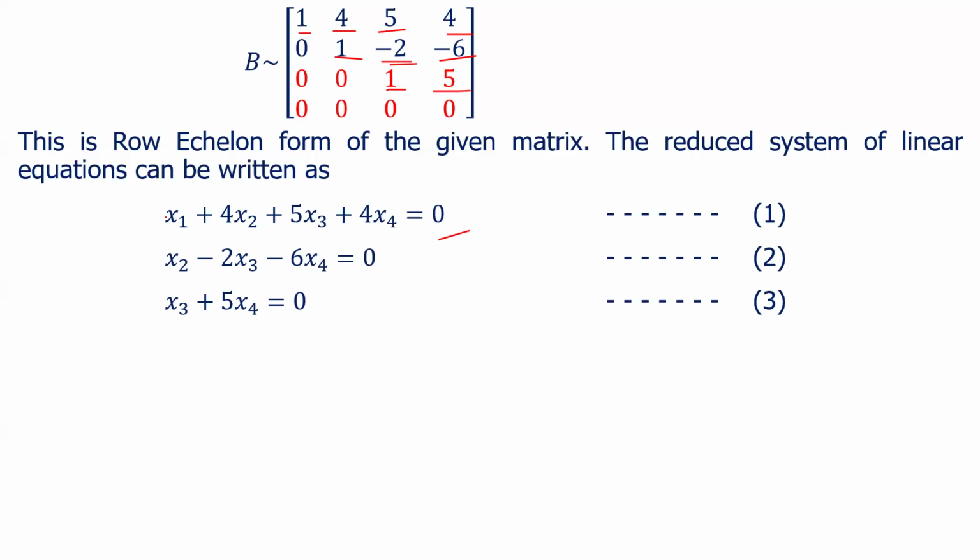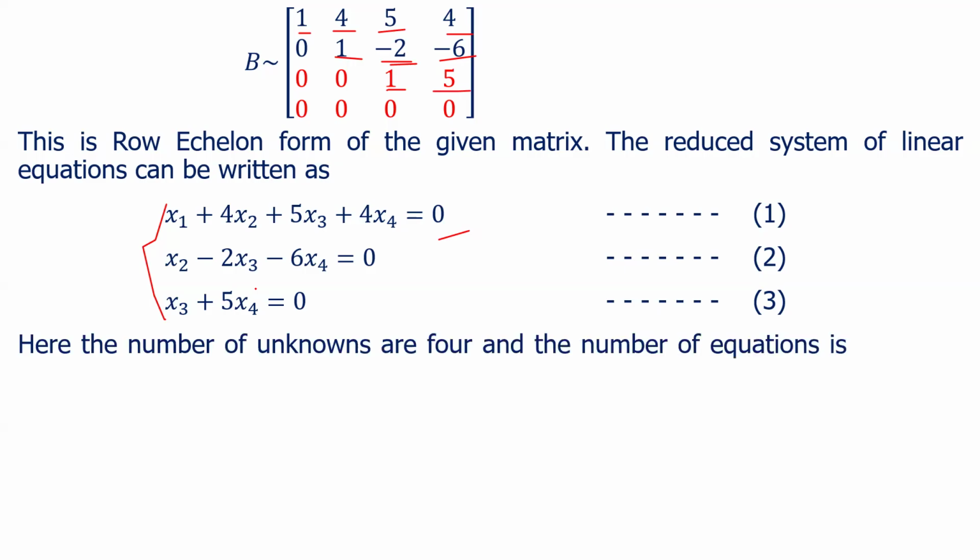Now we have 3 equations and 4 variables. It means that one variable has an independent value. Since one variable has independent values, let us put x4.